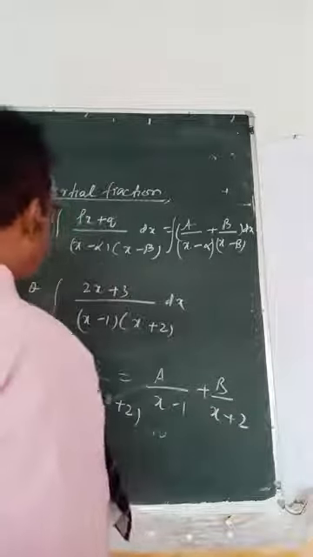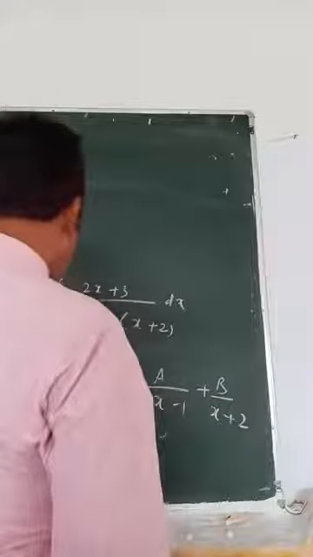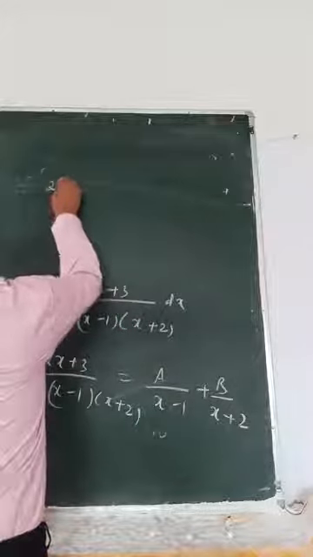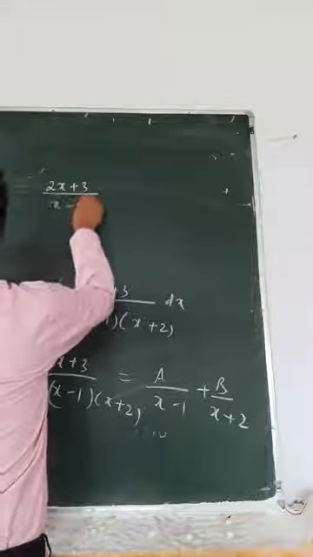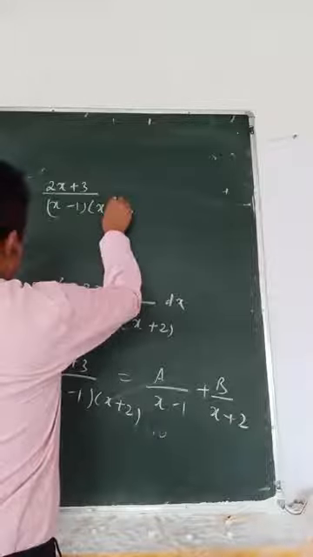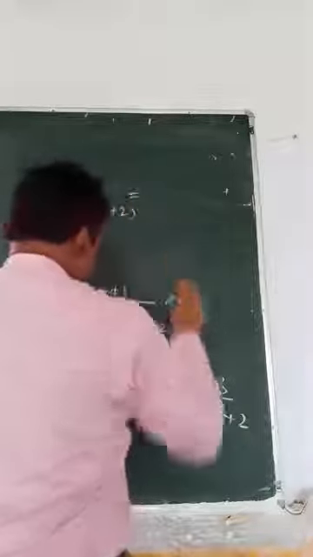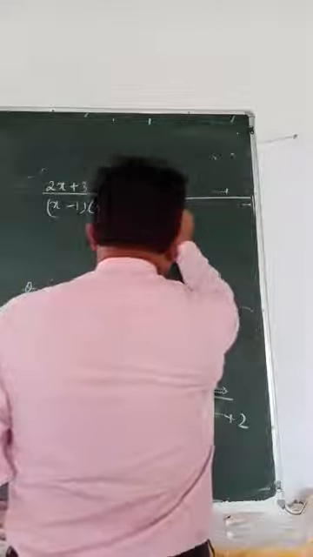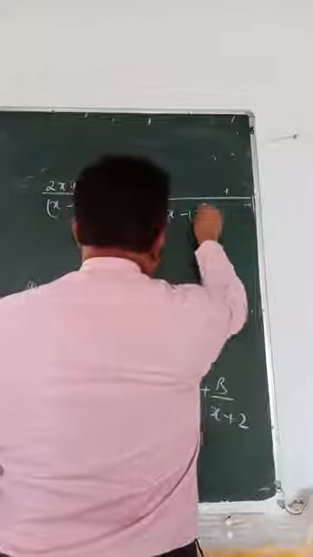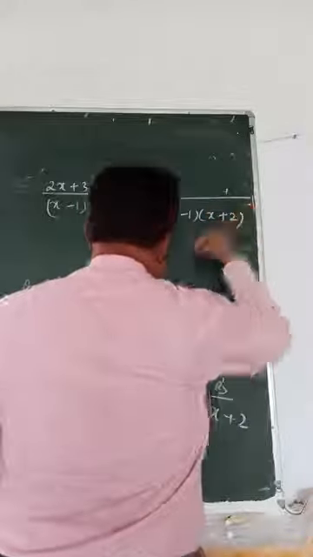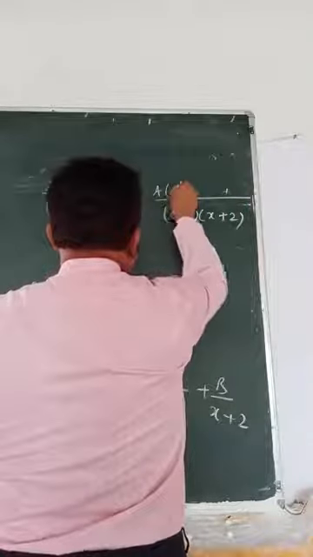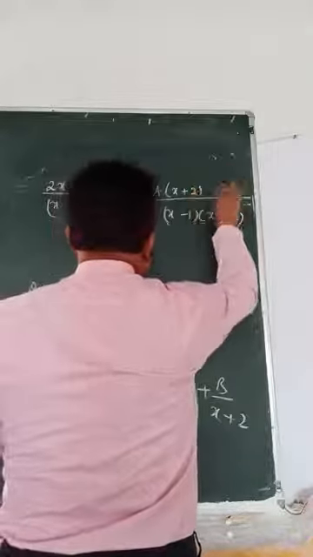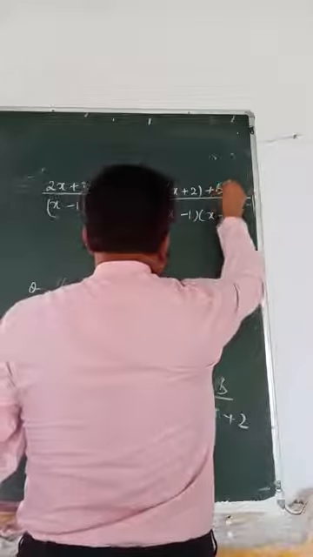On the left side it is (2x + 3) / ((x - 1)(x + 2)). Here the LCM is (x - 1)(x + 2), which will be multiplied here: A into (x + 2) plus B into (x - 1).